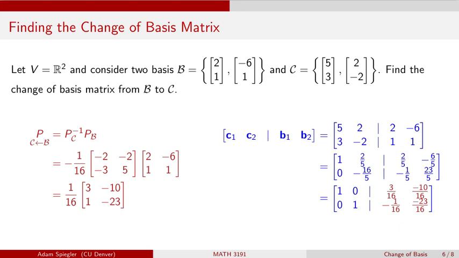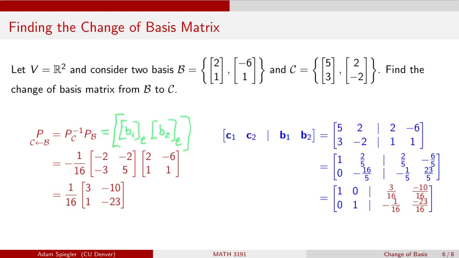So you can do this either way by finding each of these matrices separately and then taking their product, or by setting up this augmented matrix and applying row operations so that you get the identity matrix on the left of the vertical bar, and what's on the right of the vertical bar is going to be your change of basis matrix.